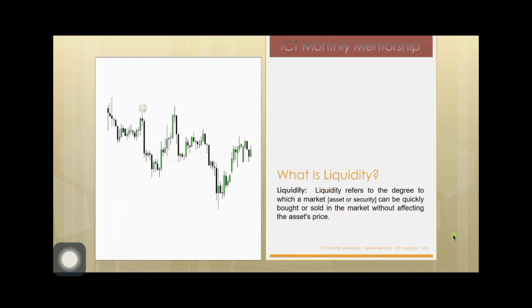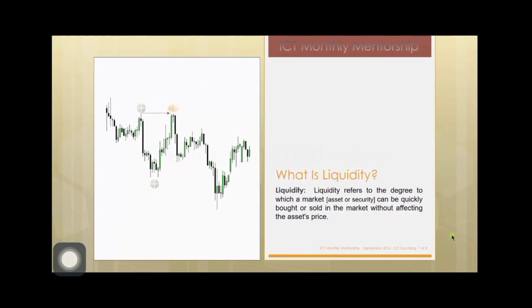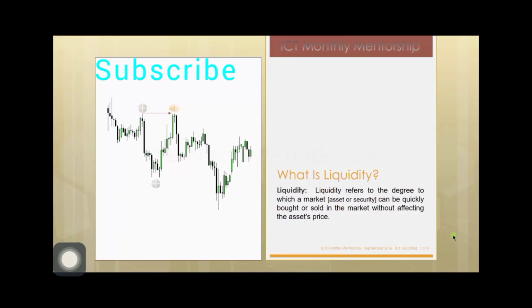Identifying both of these positions on both sides of the market, we are going to teach a concept called open float. While that's not going to be covered in this specific tutorial or this month of training, it's important to understand the beginning foundations of liquidity as it relates to buying and selling in the marketplace. Our first fundamental understanding is that there's going to be liquidity above old highs and below old lows.